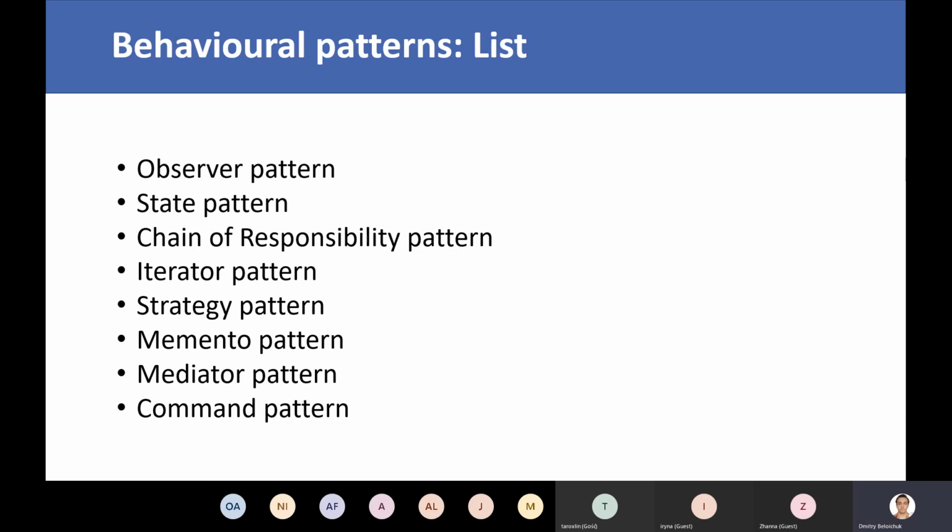The mediator pattern. For example, if you see fancy drawings of the architecture of some kind, and you see two squares interacting with each other directly, this is usually a bad pattern because they know about each other. Those two blocks of systems know about each other.